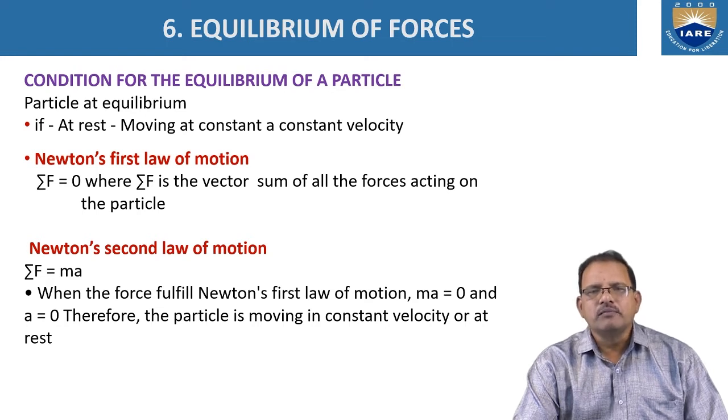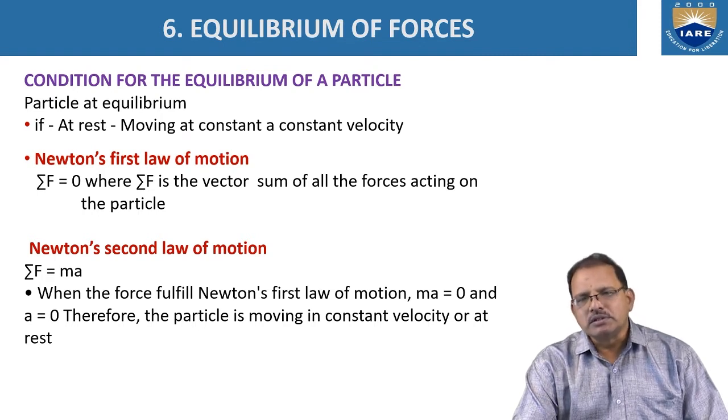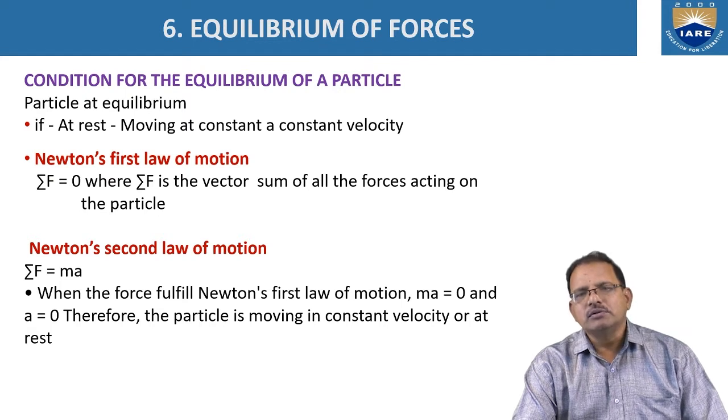The algebraic sum of all the forces acting in the x direction is the x component of the resultant force. And if the body is in equilibrium, that is also equal to 0.